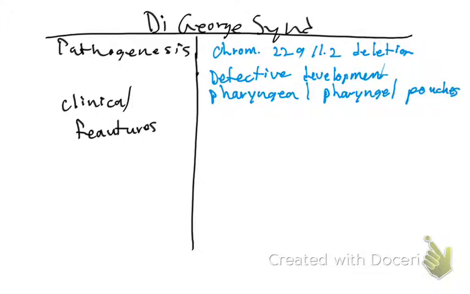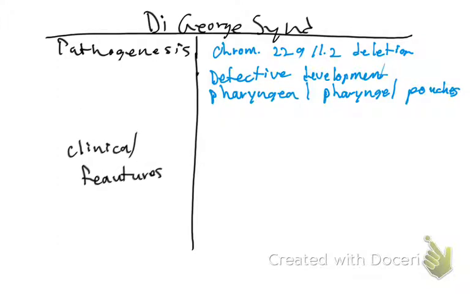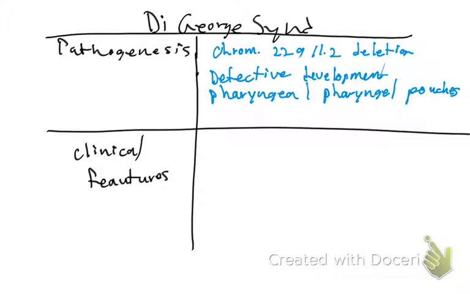Let me just move this here, and we can have our room. Here we go. Now clinical features. What are those? That is a mnemonic which is called CATCH.